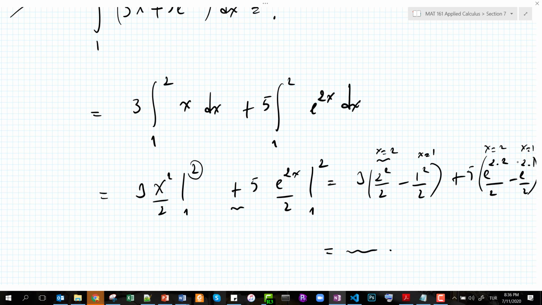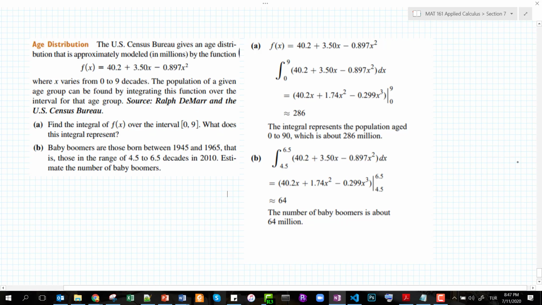Now I'm going to give you a couple of real-world examples to see how we can use the definite integral to solve real-world applications. If you had a function like this one, you could figure out the population in any country. So this is for the US.